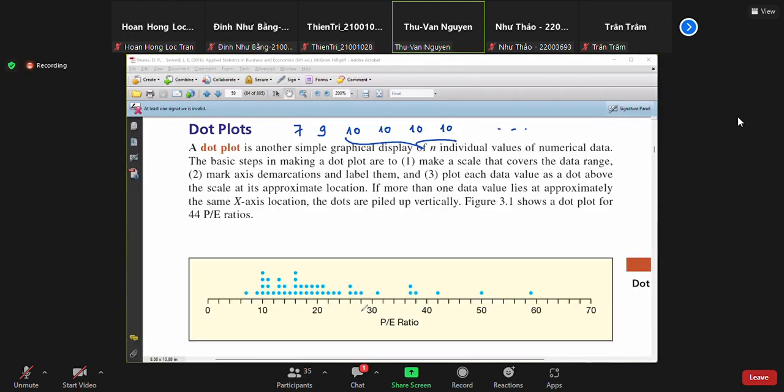And if I remember well, we have 3 number 11s, so at 11 we have 3 dots stacked upward. And one number 12, only one, and so on. Okay, students, so this is a dot plot. So with a dot plot, we can display the individual data values.